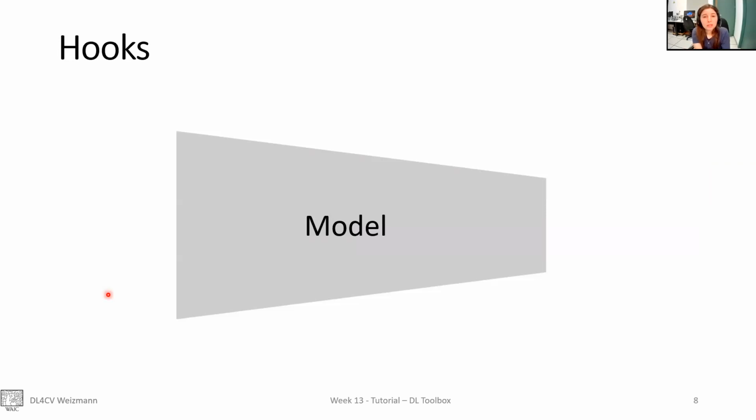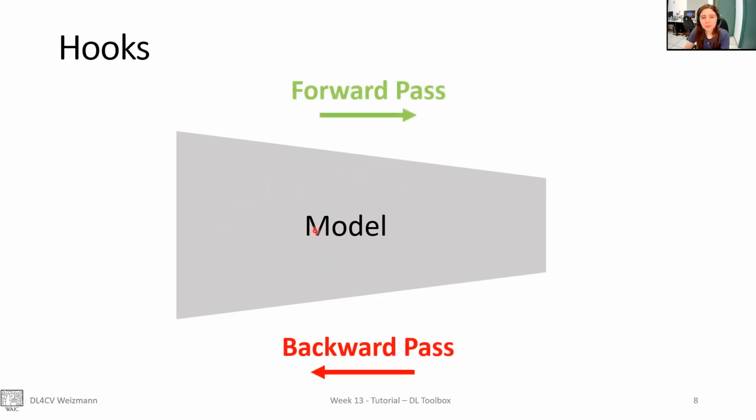Now, after we're done with Torch Hub, let's briefly discuss hooks for the sake of completeness. We use models in deep learning, and during training or inference, we find ourselves doing a lot of forward passes and backward passes. Sometimes we want to be able to examine what's happening within these processes.